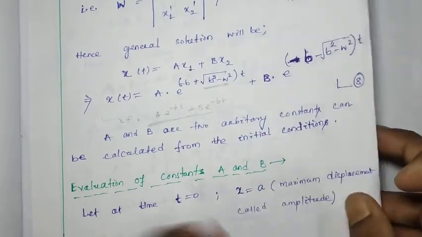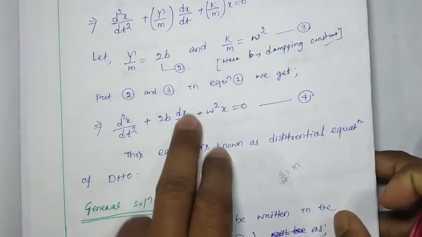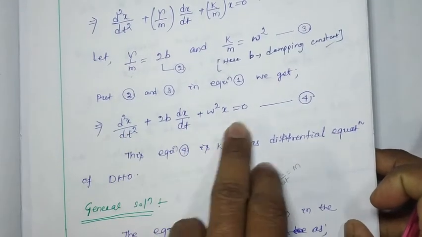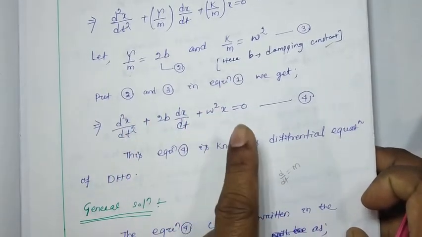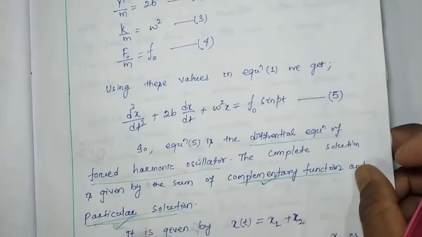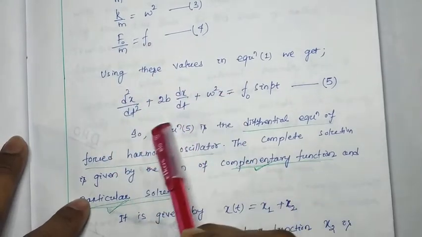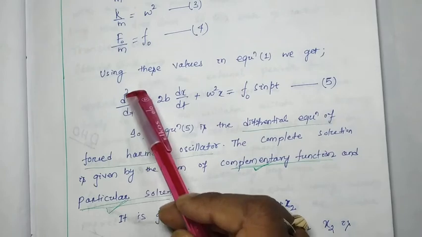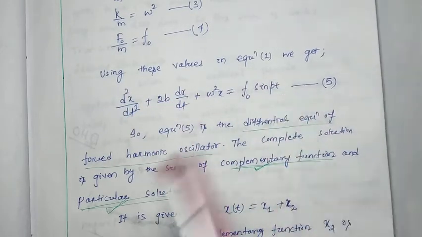Okay, so in this case the differential equation has the second order differential form on the left hand side equal to 0. For that differential equation we can find only the complementary function or solution, but here the differential equation is somewhat different. That means on the left hand side we have the differential form, d square x by dt square, dx by dt, and on the right hand side another sine function.